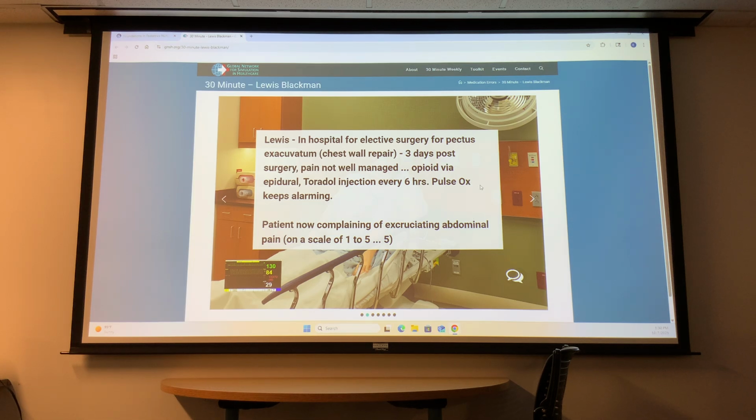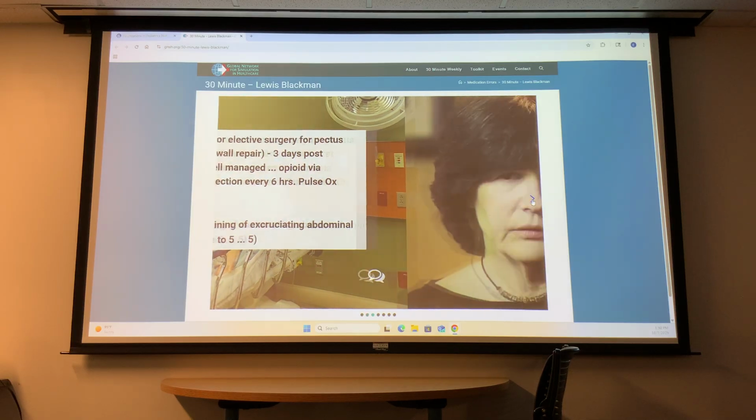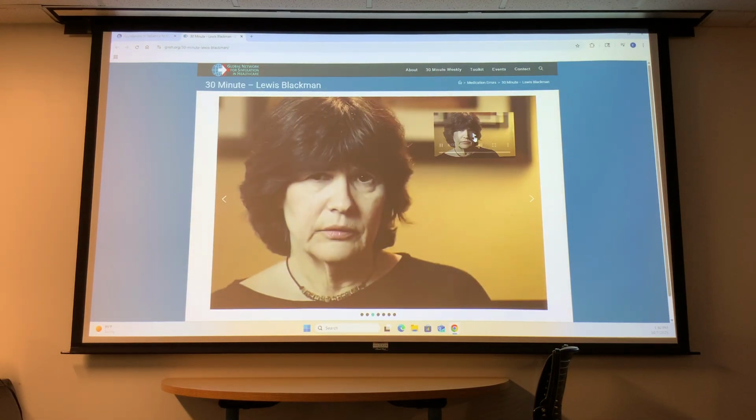So he was getting a Toradol injection every 6 hours. His pulse ox kept alarming. He's now complaining of excruciating abdominal pain. On a scale of 1 to 5, he was saying 5. And they dismissed it as constipation. By the next morning, he had no blood pressure and a sky-high pulse rate.